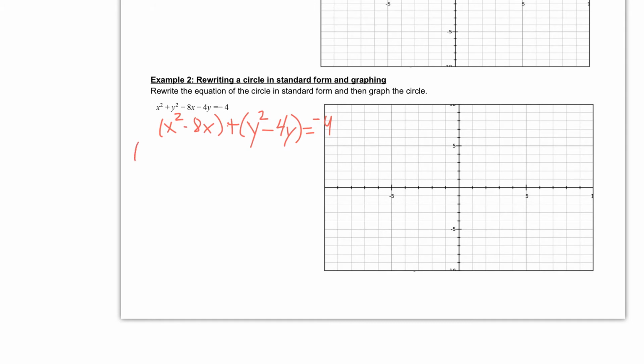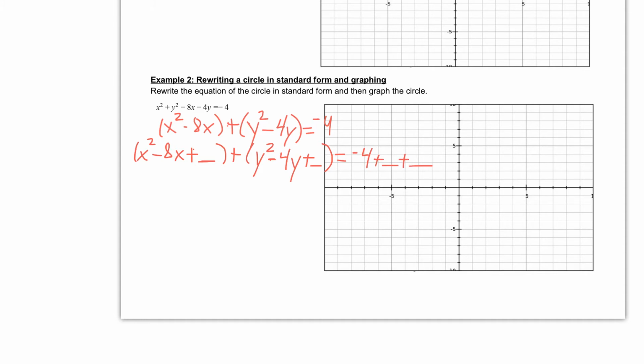We have x squared minus 8x, and we're going to leave room to add something to complete our square, plus y squared minus 4y, plus, and again we're going to leave room to add something in there to complete our square, equal to negative 4, and then we need to leave room for the two numbers we need to add in.